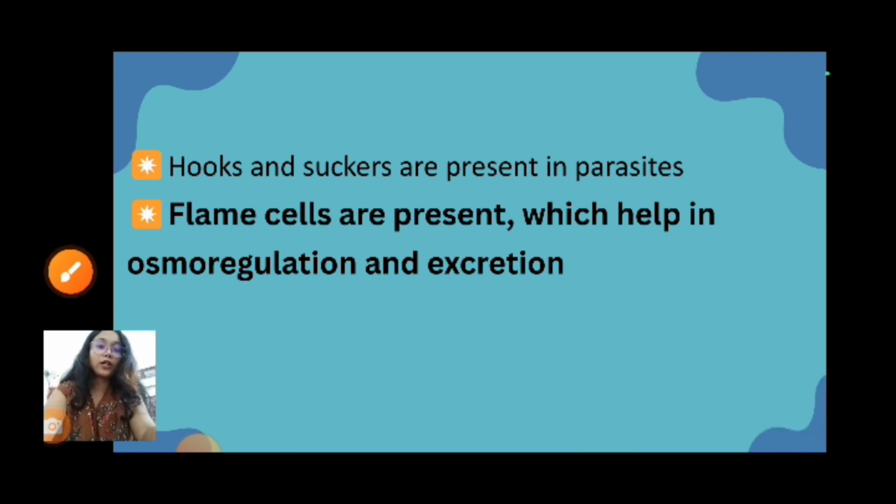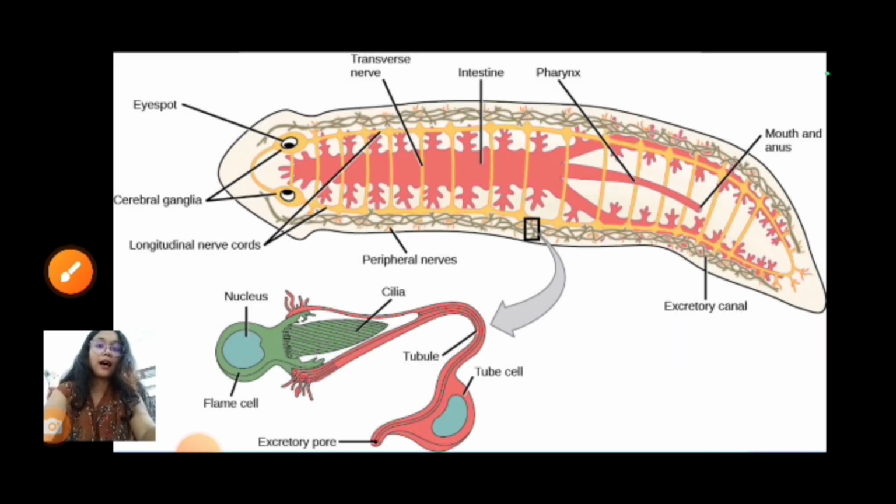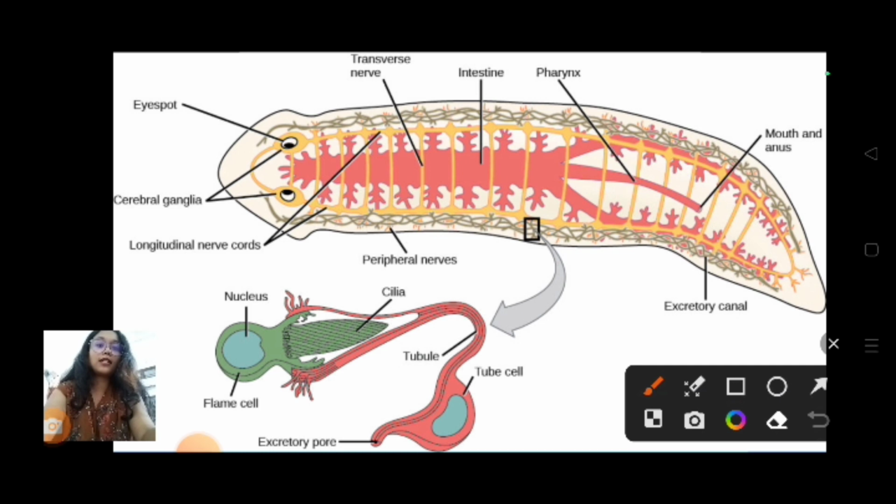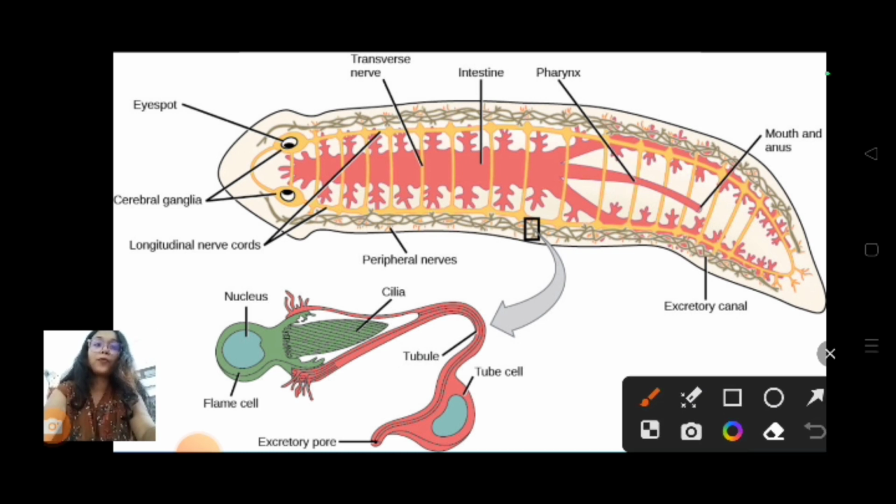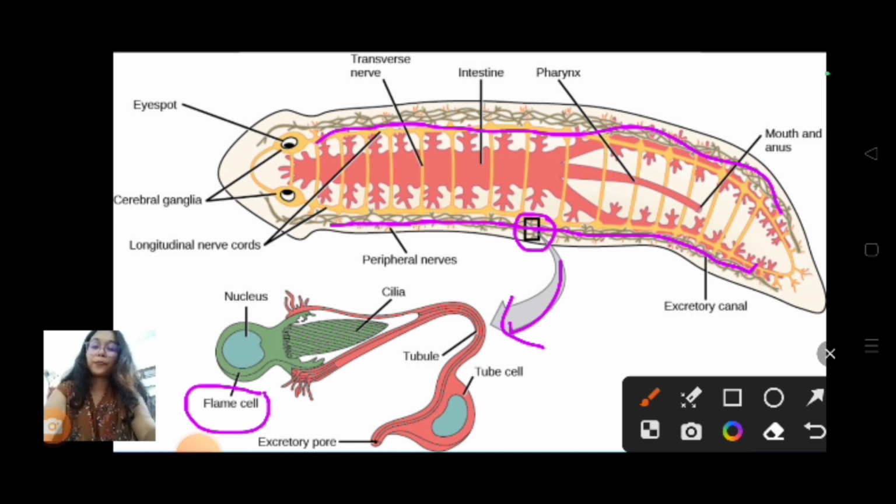Okay, I'll show you a diagram where these flame cells are present. So this is a diagram of a flatworm. Here in this structure, flame cells will be present. The enlarged view of it is given here. See, this is a flame cell. Okay, and there is an excretory pore for the excretion to take place. Basically, what is the role of the flame cell?